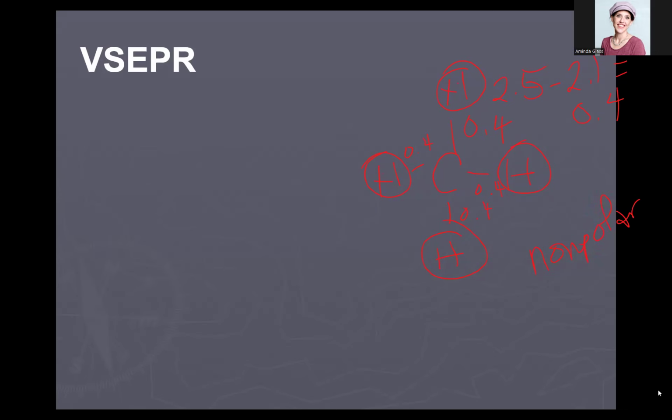What if instead, though, we had this molecule? We had carbon. That's kind of hard to see, so let's get a different color. So we have carbon here as the center atom. And then hydrogen, hydrogen, hydrogen. And then let's make that fluorine.